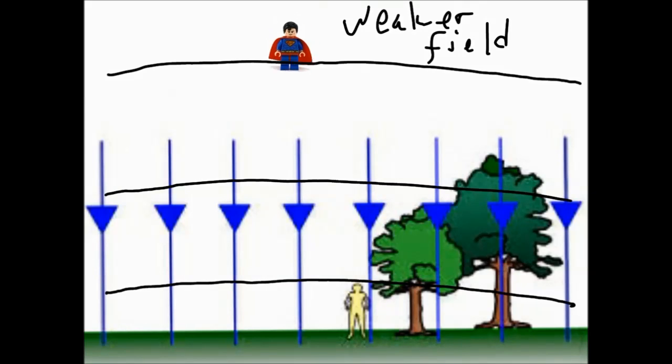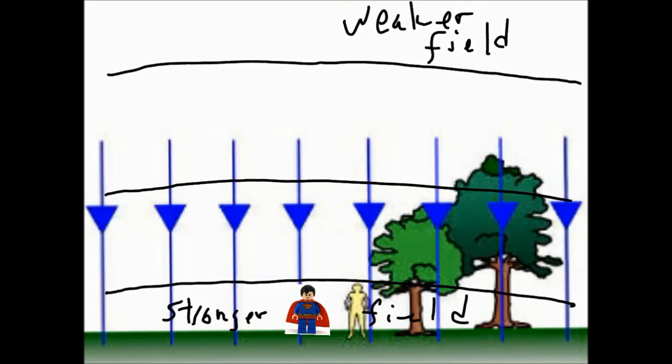As he moves down in this layer, it's a little bit stronger field. Those forces are closer together, and it's going to pull him down to Earth a little bit easier. And as he gets closer and closer to Earth, way down here, the gravitational field lines are really close together, so it's going to pull on him even more. So we have stronger field lines near the surface, weaker field lines above.